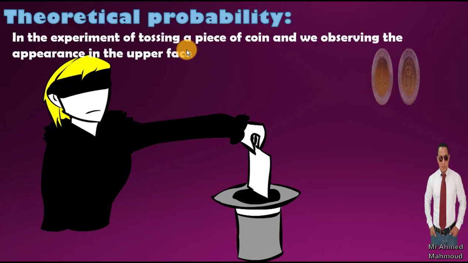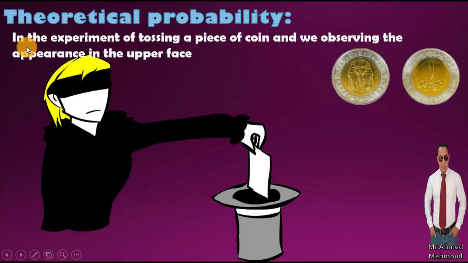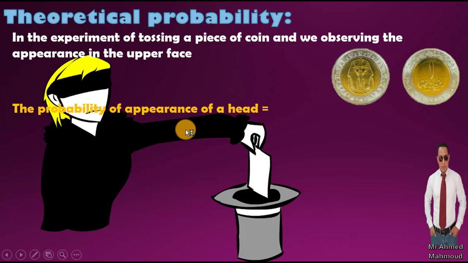Okay, so we can say that if we have an experiment of tossing a piece of coin and we observe the appearance in the upper face, because we know that the coin includes head or tail, so the probability of appearance of a head equals 1 out of 2, or equals 0.5.